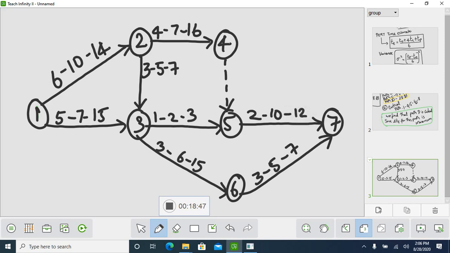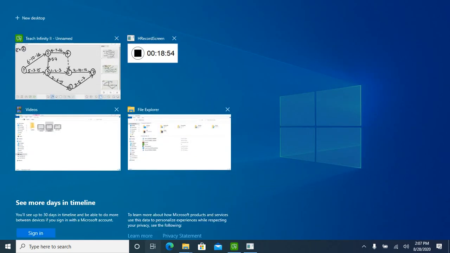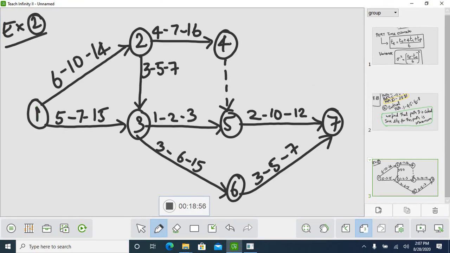So this is your problem 2, example 2. This is your network diagram. I have given you optimistic time, most likely time, pessimistic time.